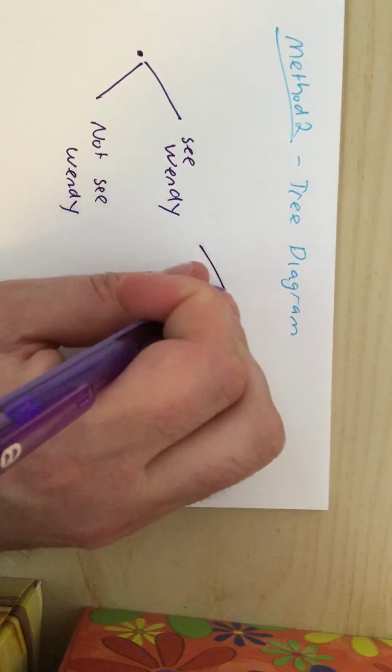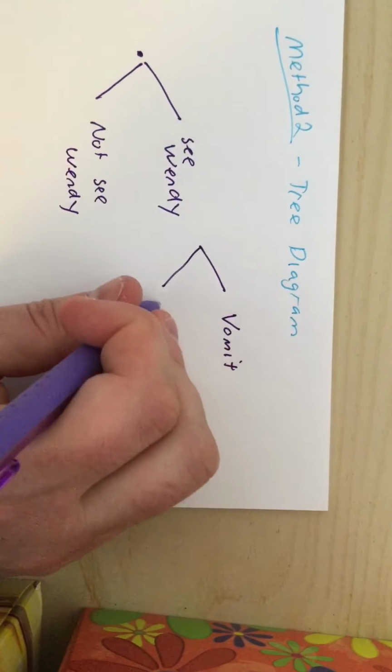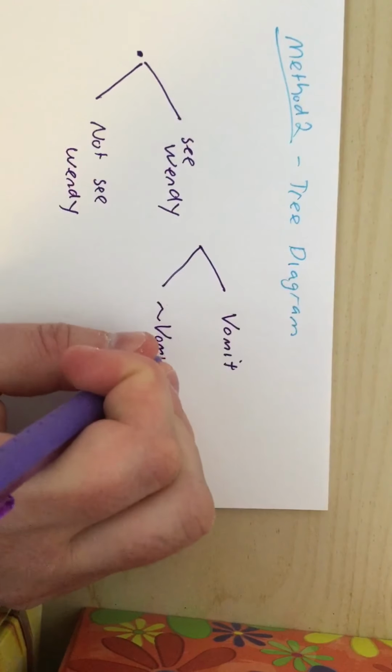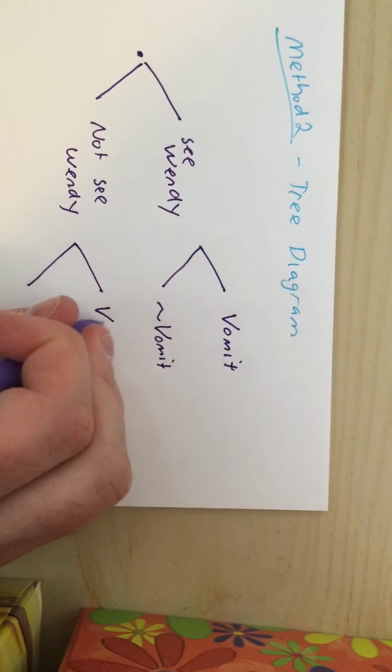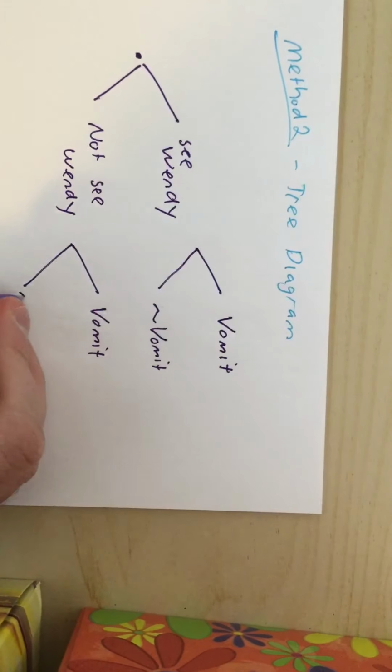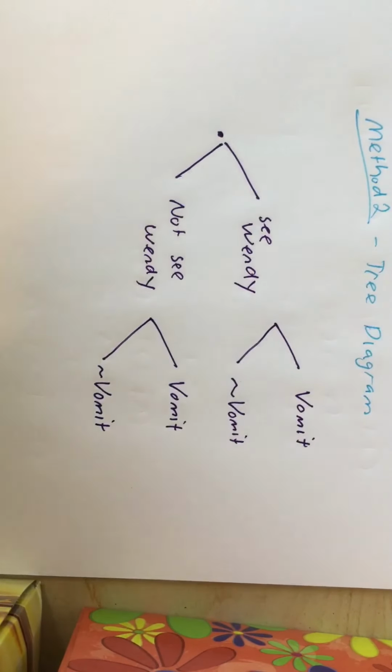And if he sees Wendy, he could either vomit or not vomit. And if he doesn't see her, of course, the same thing could happen. He could vomit or not vomit. And now we're going to put some numbers on.